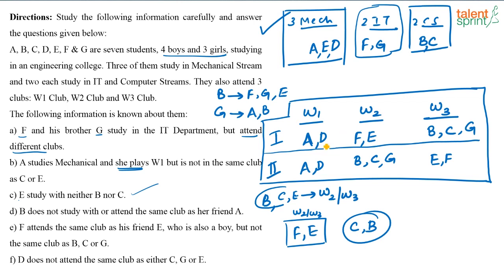Now what is happening? D and G are interchanging their positions. So if I look at the first club, who is A is a female and D is a male. So what are they saying in the question? When D and G interchange their position, that is when G comes here and D goes here, what does not change?